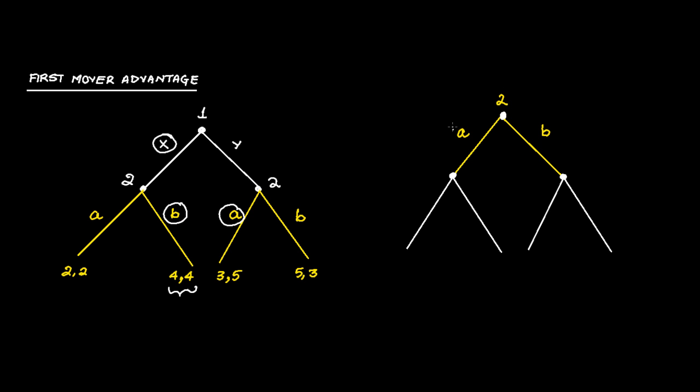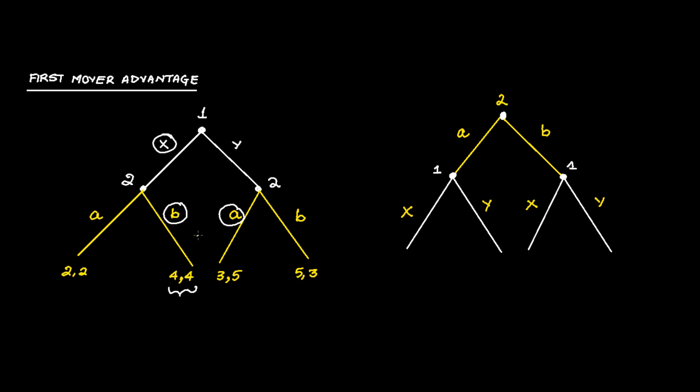Here, he has two choices, A and B. Player 1 comes then after observing whether player 2 has moved A or B. Player 1 has two choices, either to move X or Y.